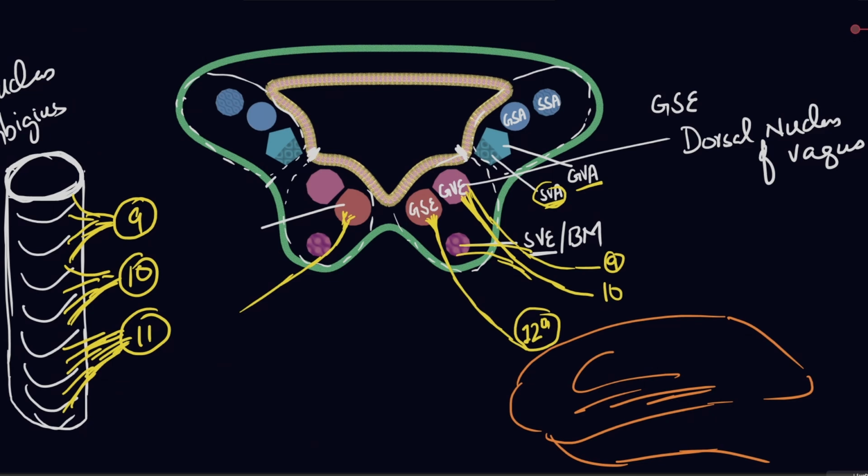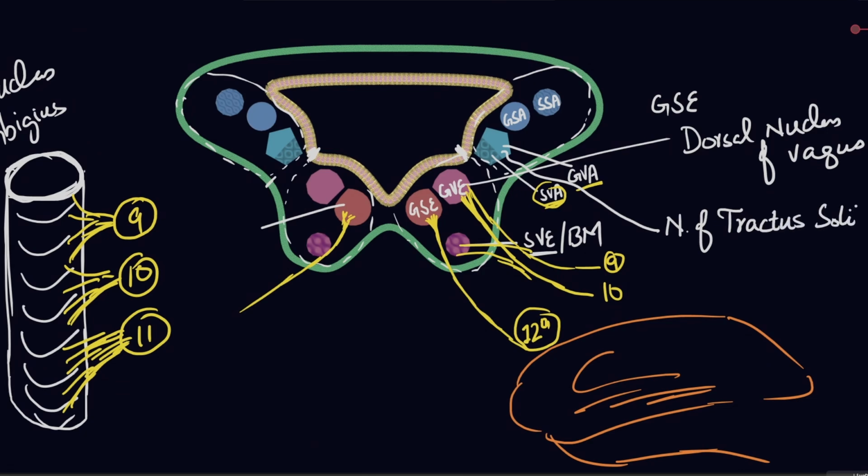Now this nucleus, which loves to taste, is called the nucleus of tractus solitarius. It has a very fancy and very interesting name. I love this name, I don't know why.